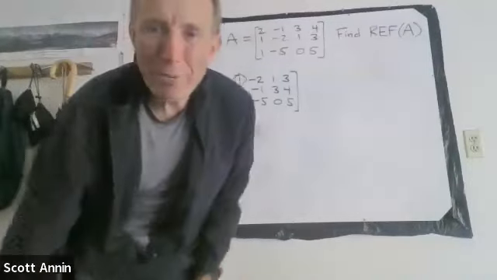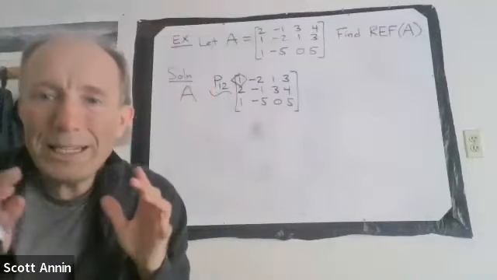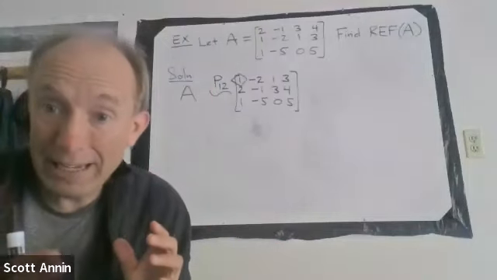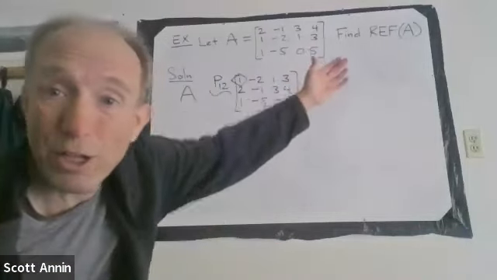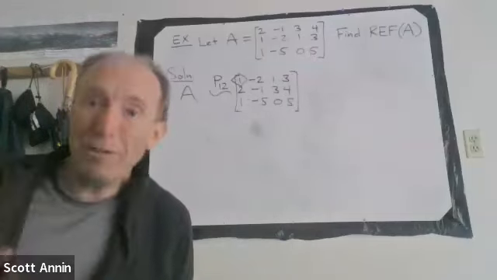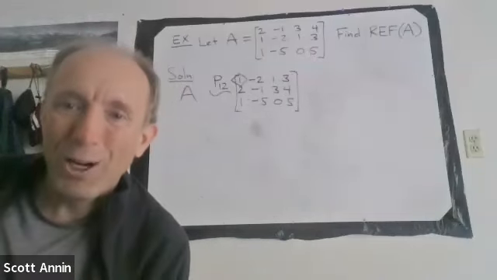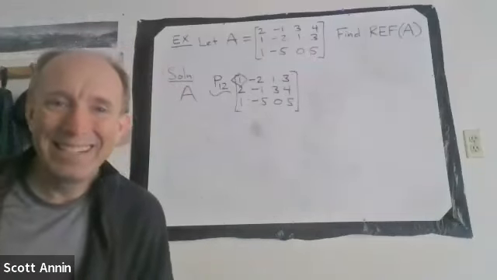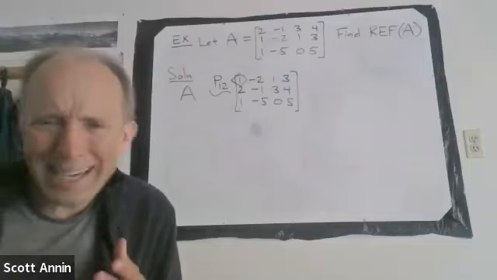What you probably are already realizing, guys, is that the choice of EROs is not unique. And in fact, the row echelon form is not unique. There can be more than one correct answer to this, which is kind of good in a way and kind of bad in a way.